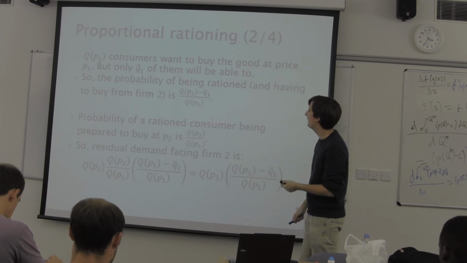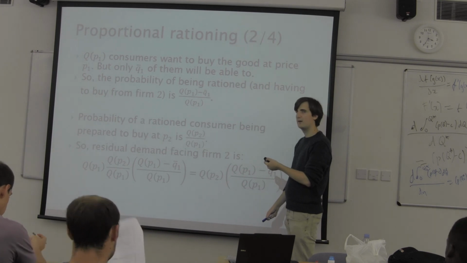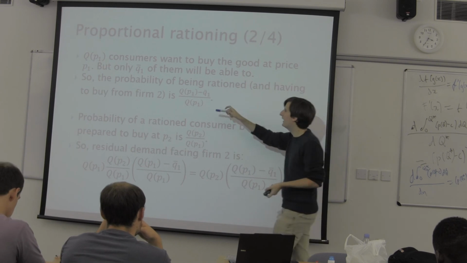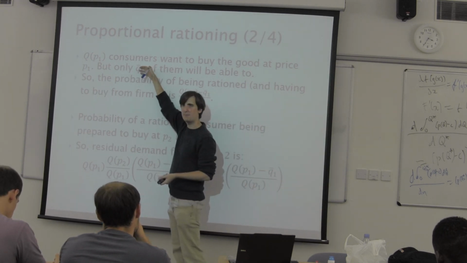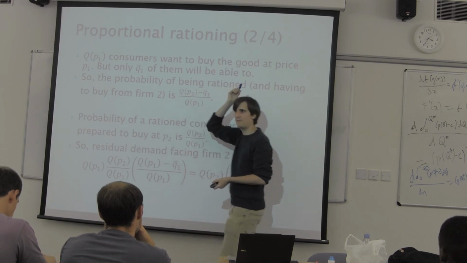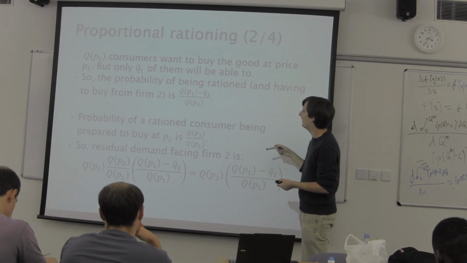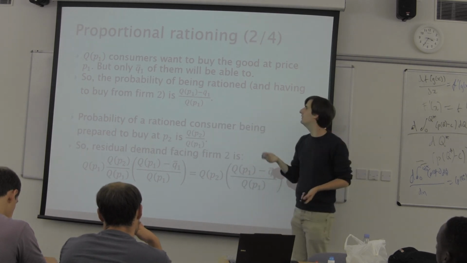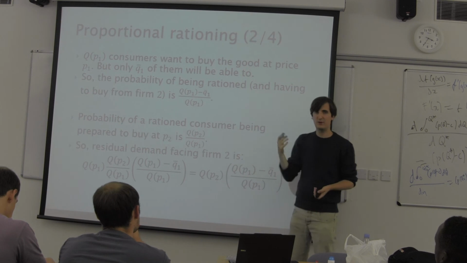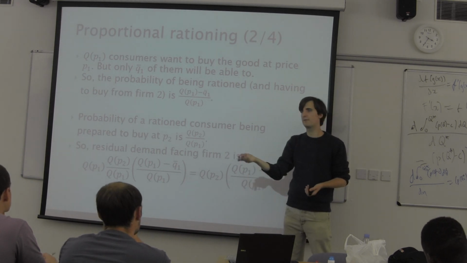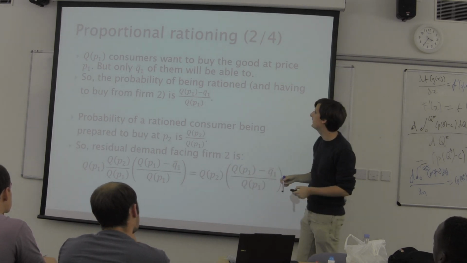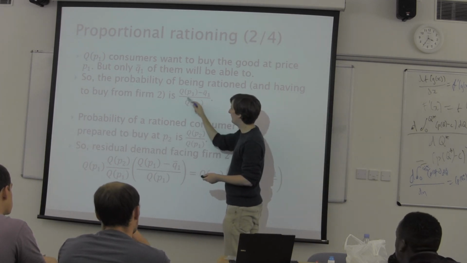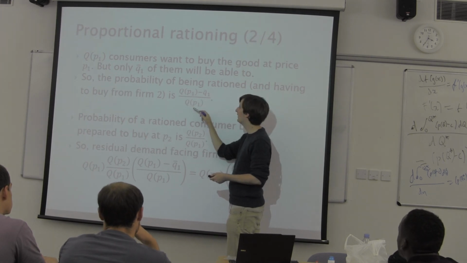So what's going to happen? Well, at the price P1, there's a total of Q(P1) consumers who want to buy the good at that price. But only Q1 bar of them can be satisfied, because that's the capacity constraint for firm 1. If you're arriving randomly at this shop, what's the chance of you being rationed? And if you get rationed, you have to end up buying from firm 2 rather than from firm 1. Well, the total demand at the price P1 was Q(P1).